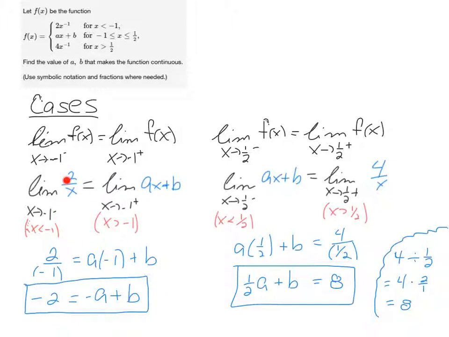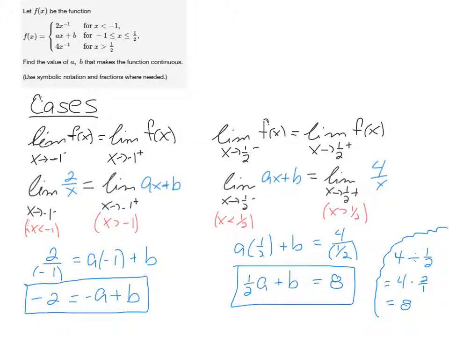Since -1 is in the domain of this function, and this function is continuous at -1, I can just plug -1 in, and I get -2. Similarly, since ax plus b is continuous at -1, I can plug -1 into this function, a times -1 plus b, and that simplifies to -a plus b. So I get this linear equation.